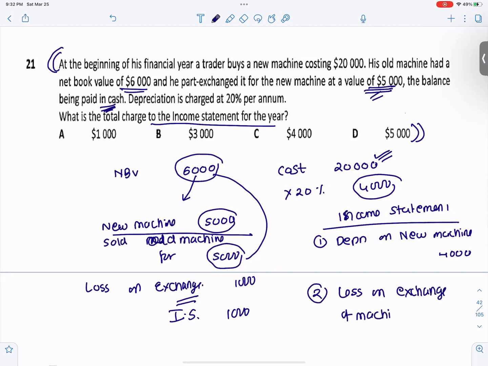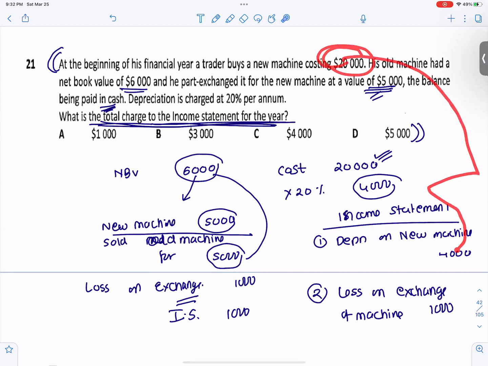Please read carefully and let me know. So what is the net effect? What is the total charge to the income statement? There are two things that you will charge to the income statement. First, you will charge depreciation, so 4,000.